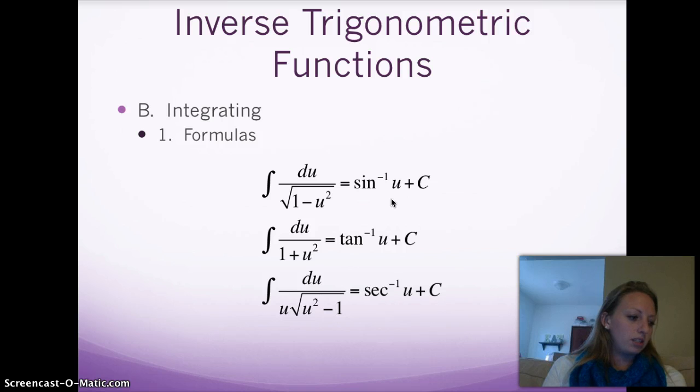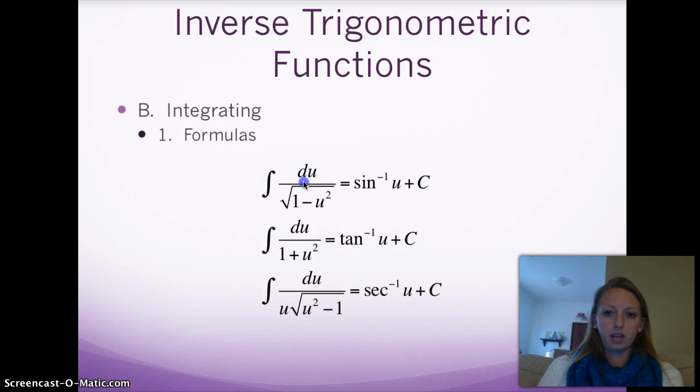The reason is that the only difference between the derivatives and the inverse of the other formulas is the negative sign. So we only really need to know these three. You really have to know these two, tangent and sine. They are crucial. They will be on the exam.